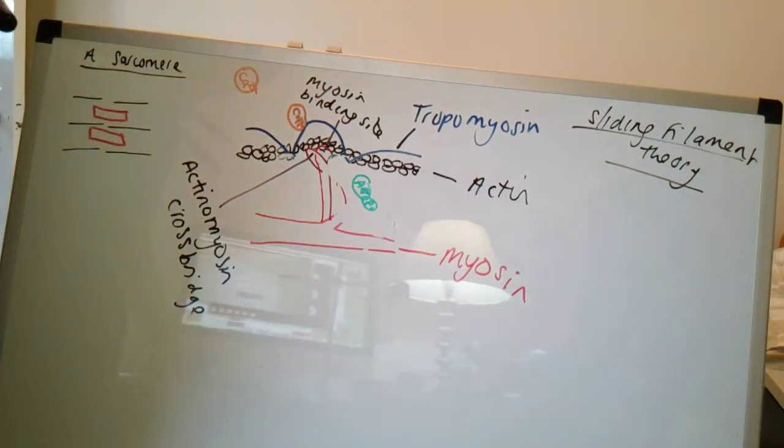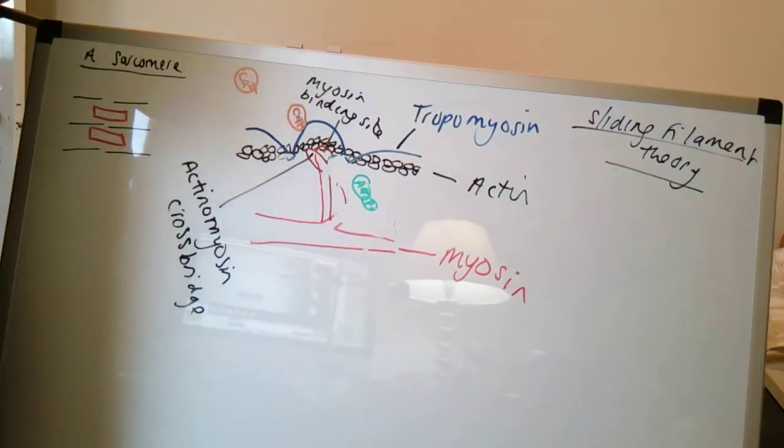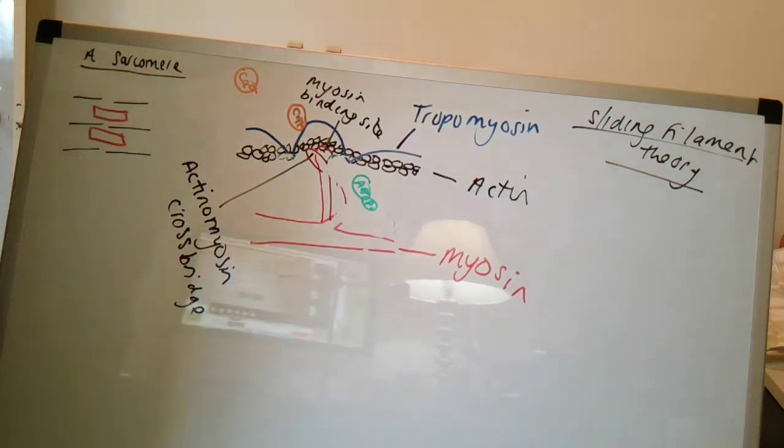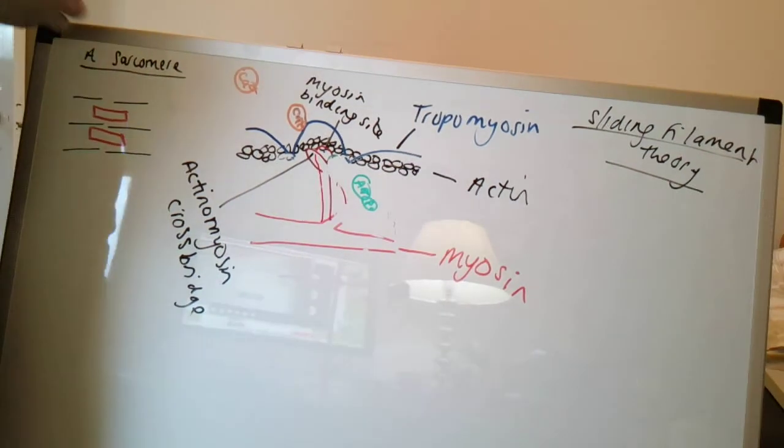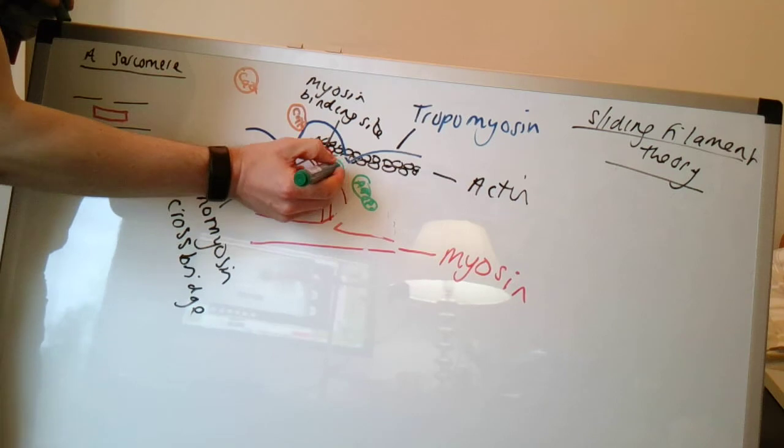So the ADP and Pi are then released. The next step is a new ATP molecule then binds to the myosin head.